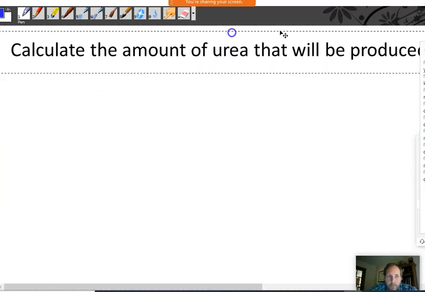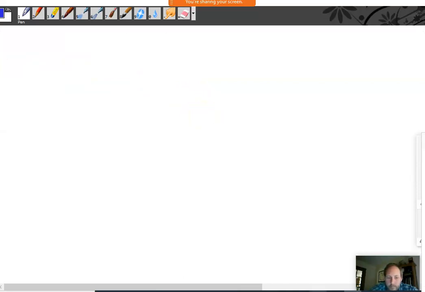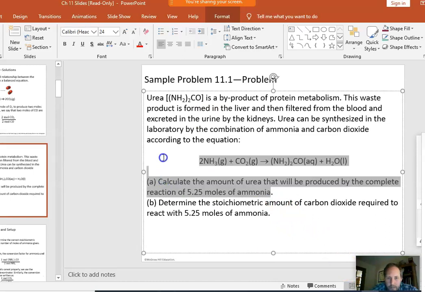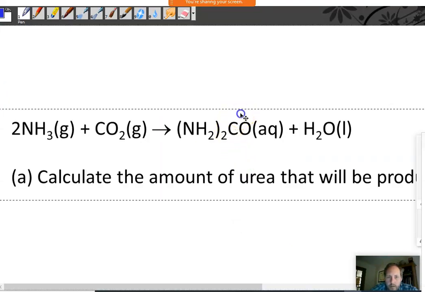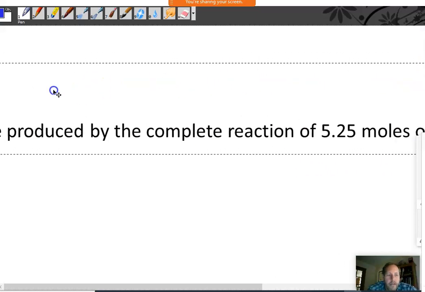I should get the balanced equation too. There we go. Okay, so calculate the amount of urea.